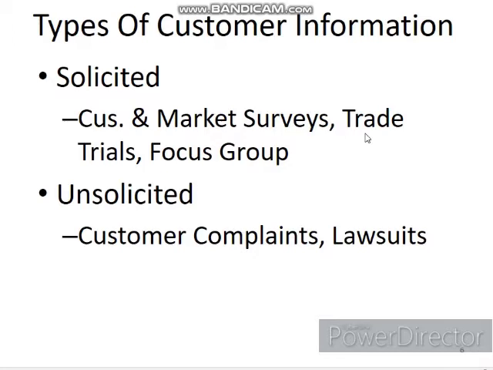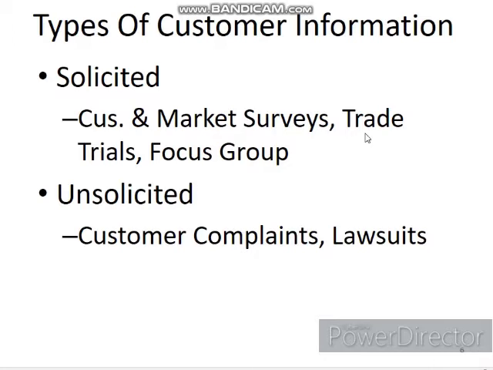The other way to get information is basically using a focus group. A focus group is basically a group of people with certain knowledge of the market requirement.